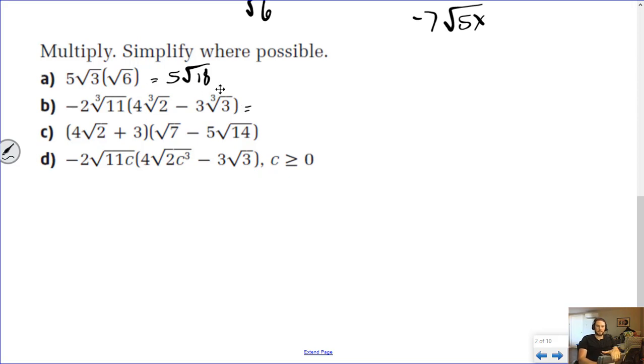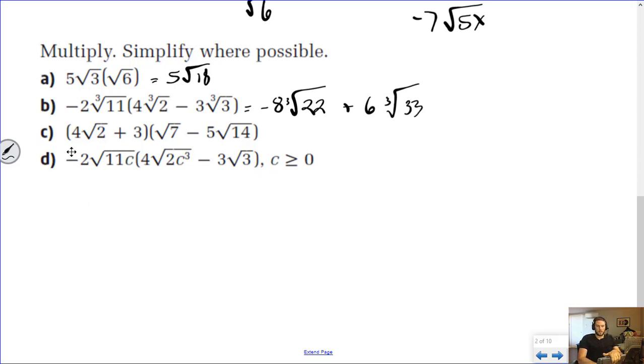So negative 2 times 4 is negative 8. And then the cube root of 11 times the cube root of 2 is the cube root of 22. And then negative 2 times negative 3 is positive 6. And the cube root of 11 times the cube root of 3 is the cube root of 33.